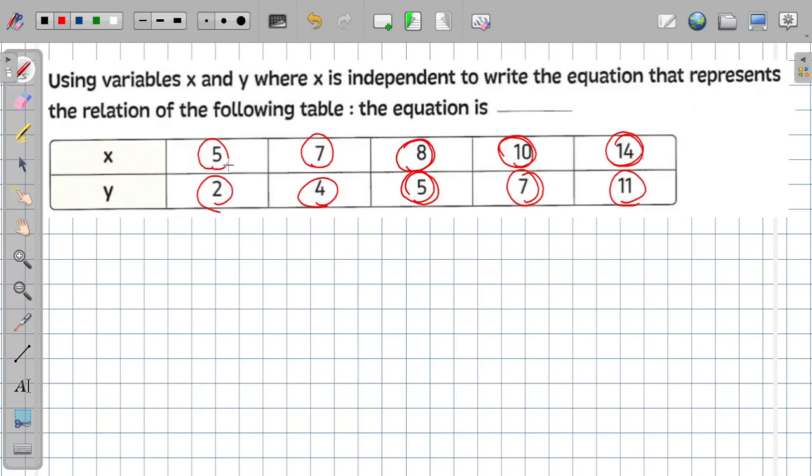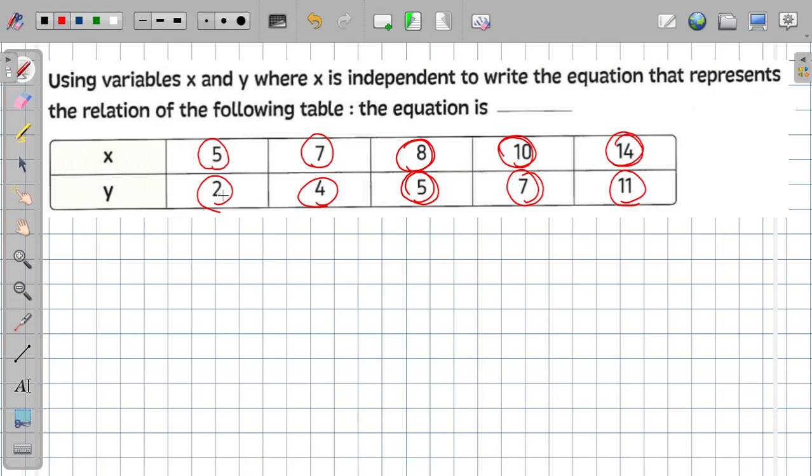So I subtracted a number from x to get y, because x is more than y, or I can say y is less than x. So I subtracted a number from the value of x. So the difference between these two numbers, 5 and 2, I think the difference is 3.